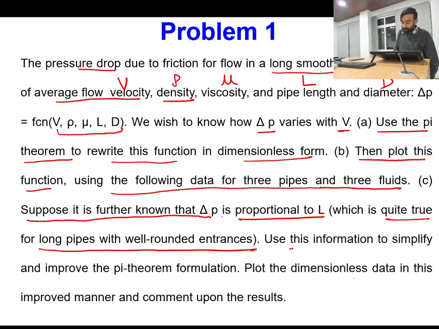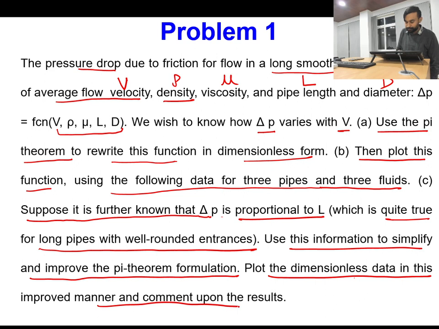So use this information to simplify and improve the pi theorem formulation. We have to improve the pi formulation, plot the dimensionless data in this improved manner, and then comment on the results.